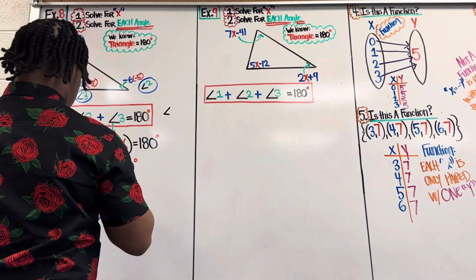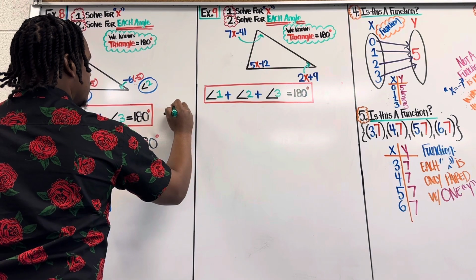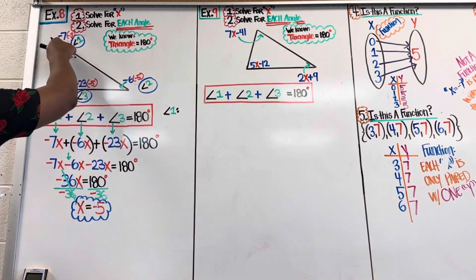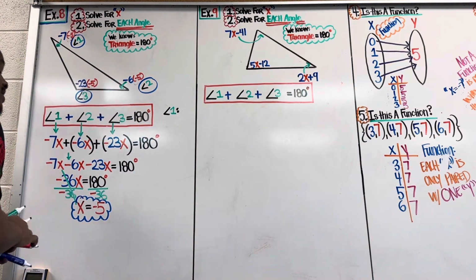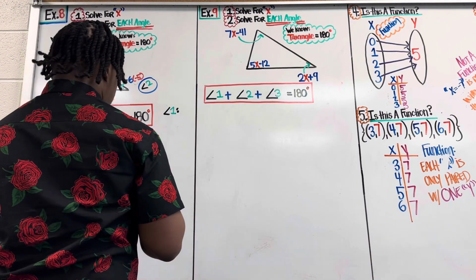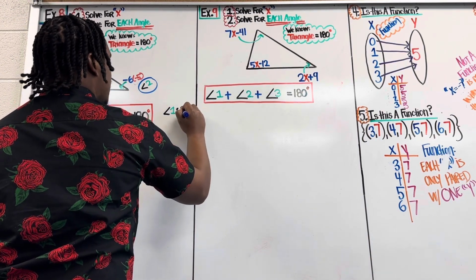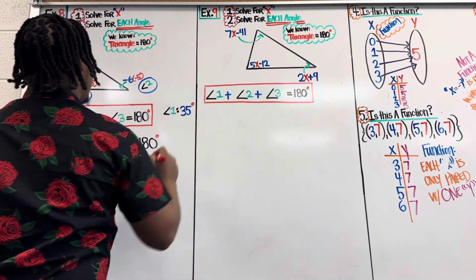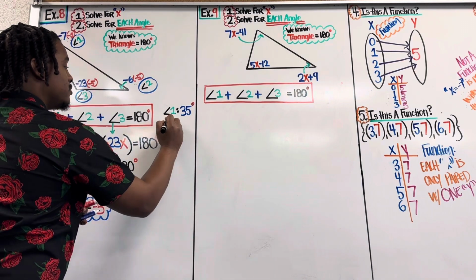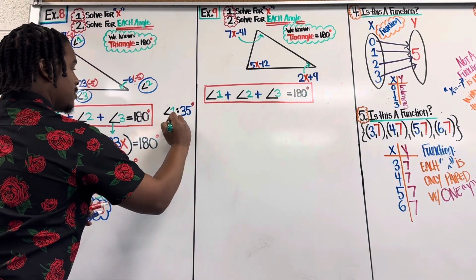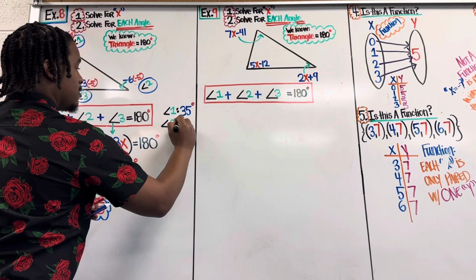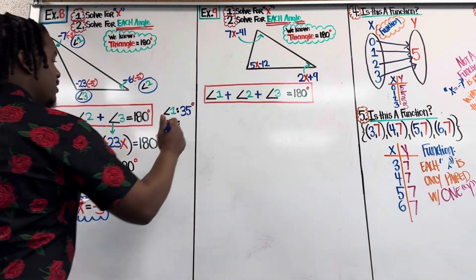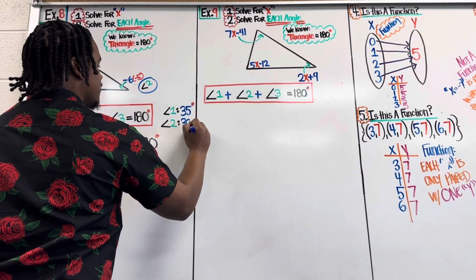Angle 1: negative 7 times negative 5 is a positive 35, so that's 35 degrees. Remember, a negative times a negative is a positive. Angle 2: negative 6 times negative 5 is a positive 30.